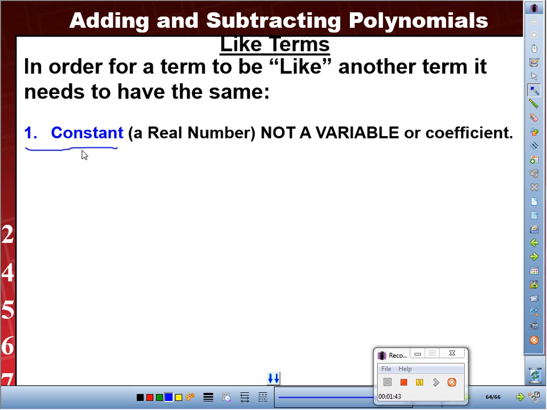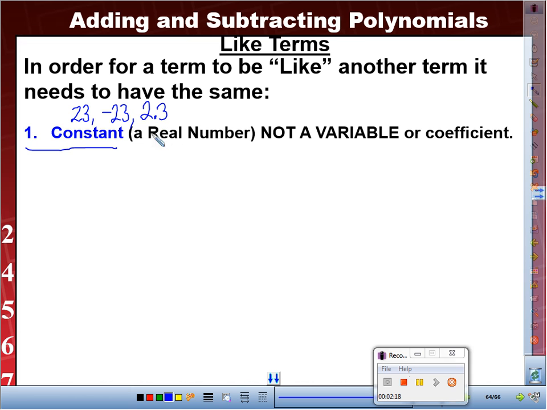Now above it, I'm going to give you an example of what a real number is. How about 23? That's a real number. That's a constant. What if I said negative 23? Yep, that's a constant. Any real number. What if I said 2.3? That's a real number.